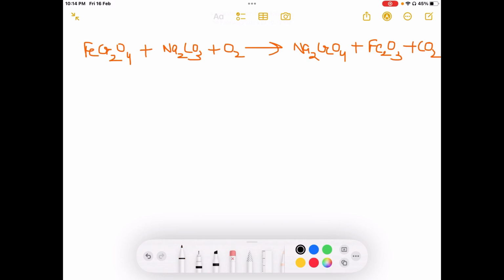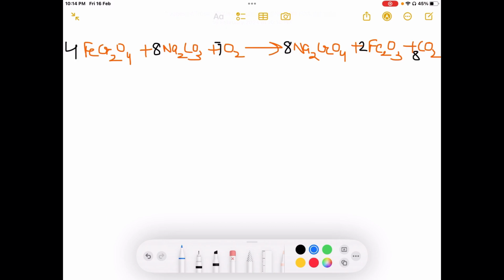In this reaction, 4 moles of chromite react with 8 moles of sodium carbonate and 7 moles of oxygen to produce 8 moles of sodium chromate, 2 moles of Fe2O3 and 8 moles of CO2.